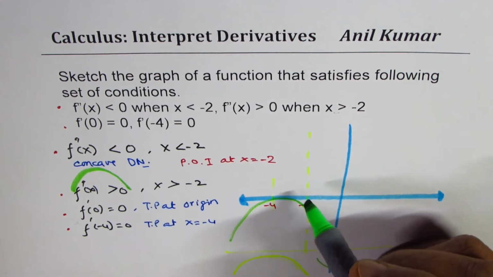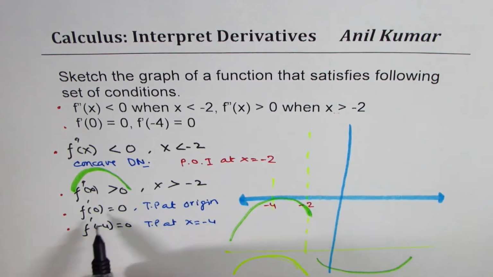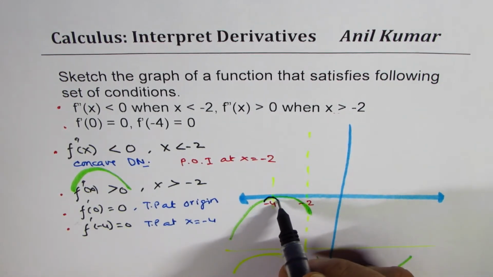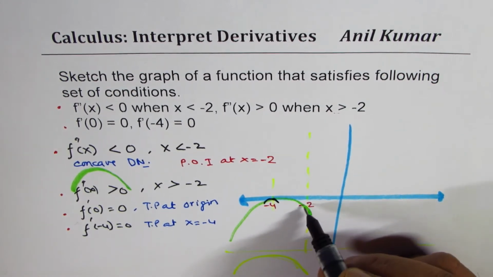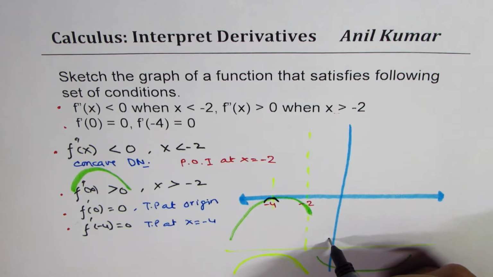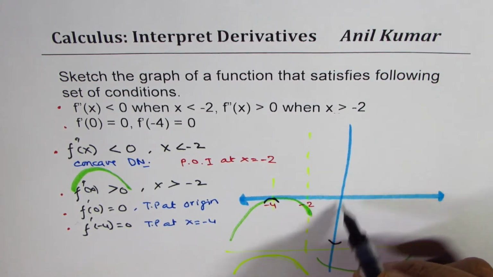The concavity changes, and we also know that another turning point is really at, let me redraw this, I'm sorry. We have a turning point at x equals minus 4. Let me draw like this. Turning point at x equals minus 4, right? The concavity changes, and then we have a turning point somewhere here where x equals 0, right?